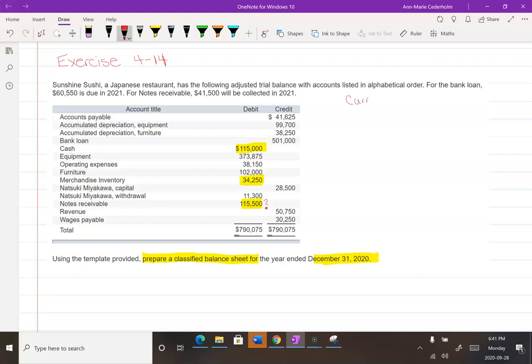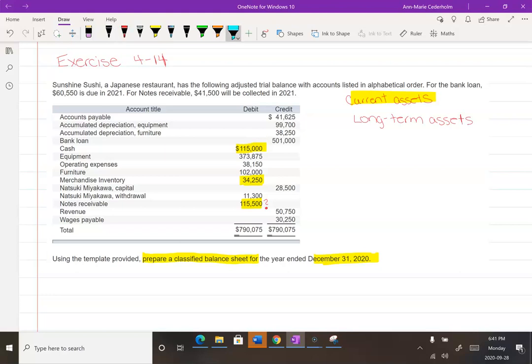So maybe I'll just do a little legend here. Current assets. Highlight those in yellow. Now, I'm also going to look at my long-term assets. These ones are assets that take longer than 1 year to convert to cash. And maybe I'll just highlight those in blue.